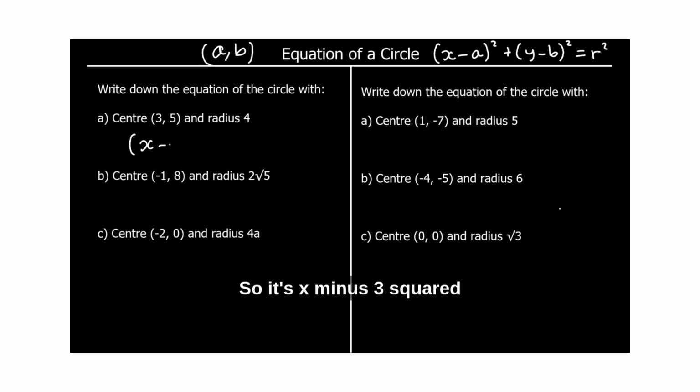So we've got the x coordinate and the y coordinate of the center. It's (x − 3)² + (y − 5)² = the radius squared. The radius is 4, so the radius squared is 16.